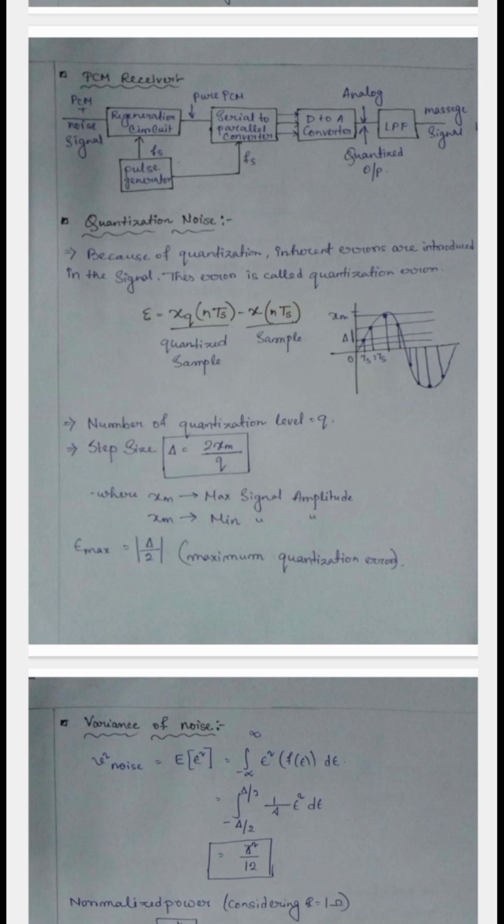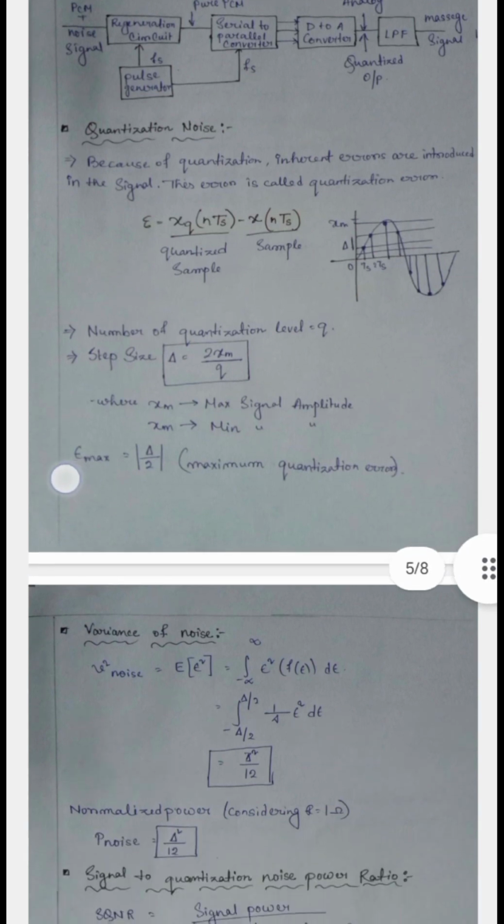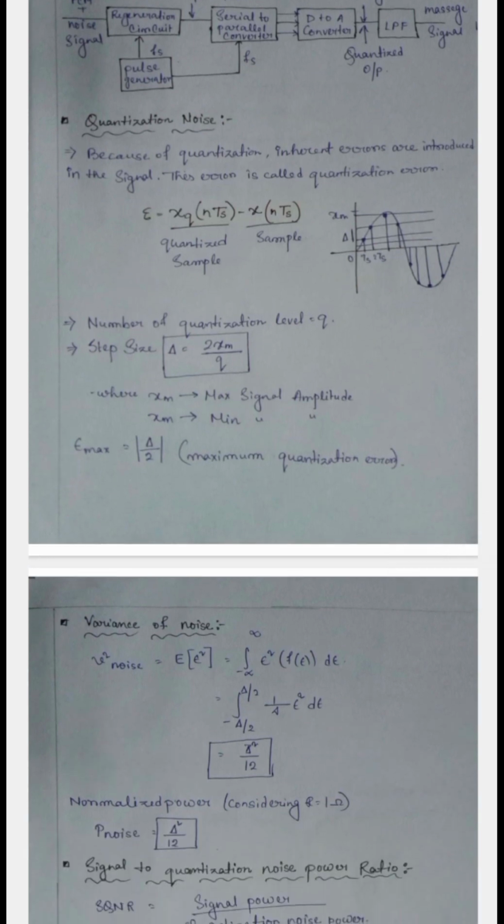After that we get pure PCM output, and then the pure PCM output passes through the serial to parallel converter, which is connected to the pulse generator, and this converter converts digital to analog. We get the analog signal, and the analog signal passes through the low pass filter. We get the output message signal. This is the receiver of PCM.